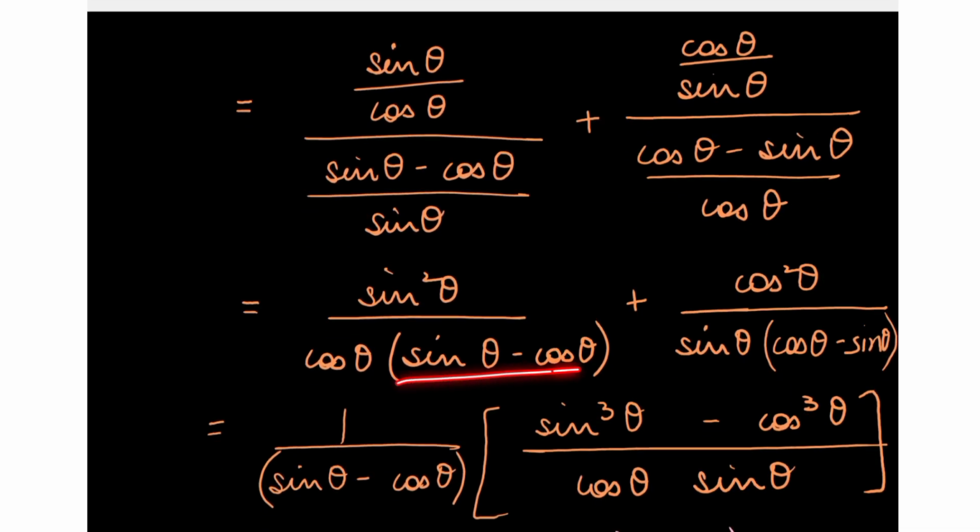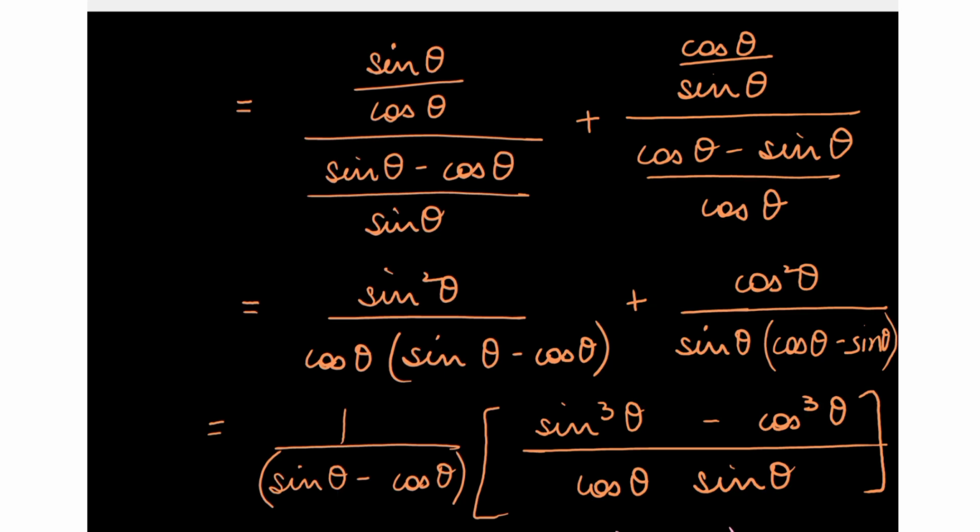Now we can take this common, just changing it by multiplying it by -1, we can take it common. So 1 divided by sin theta minus cos theta can be taken as common, which leaves us with sin cube theta minus cos cube theta divided by cos theta sin theta.